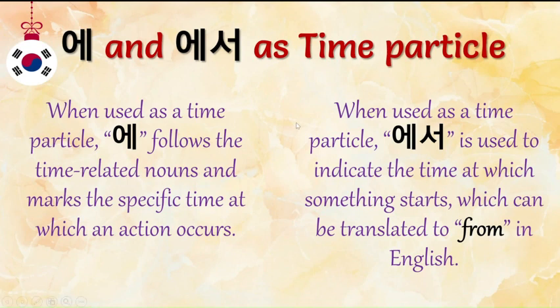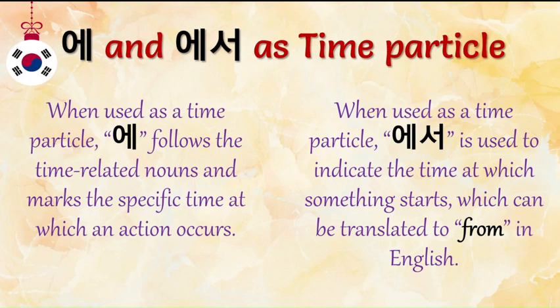Very simple. And when we talk about 에서, it is used to indicate the time at which something starts, which is translated to "from" in English. Okay. So 에서 indicates the time at which something starts. It is the starting time basically.